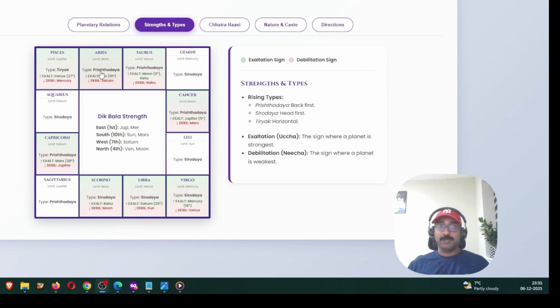If it is rising with the head down, that's considered a hinder first Rashi. And here Aries is Prishtodaya, that means it's going downwards. The back, the hinder part, will rise first. And Taurus is the same, it is Prishtodaya. And for Taurus, the exaltation point for the Moon is 3 degrees in Taurus.